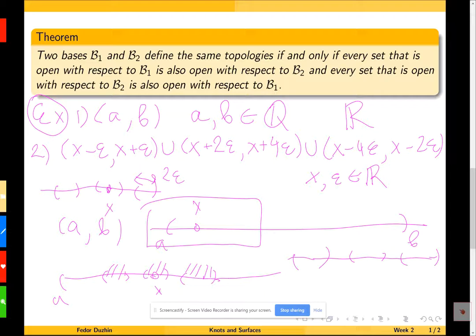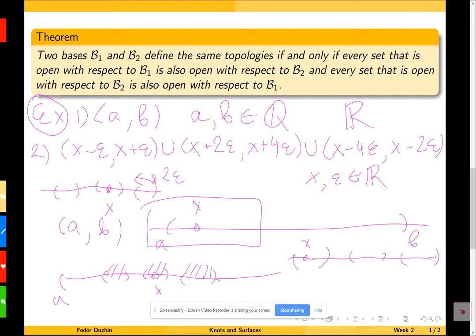Then we need to pick any point in any one of these three intervals, some x. And then we need to show that there exists a basis set with respect to the first basis, which is just an interval from A to B, with A and B being rational numbers.